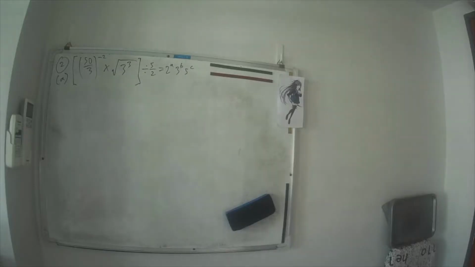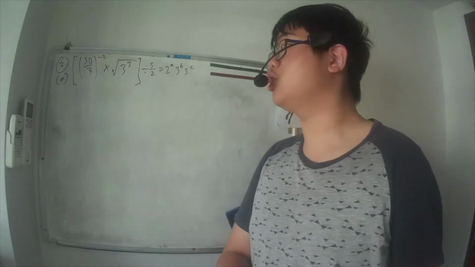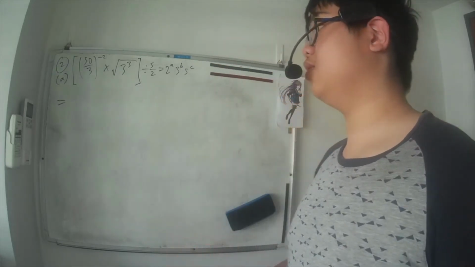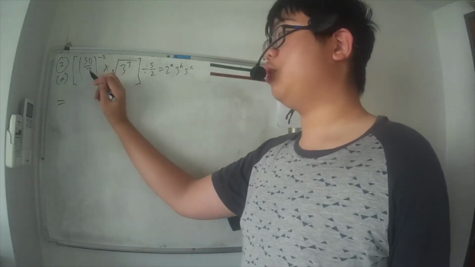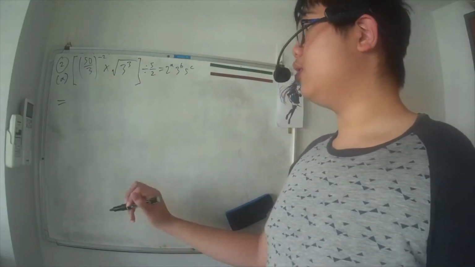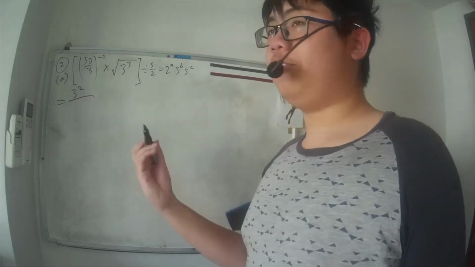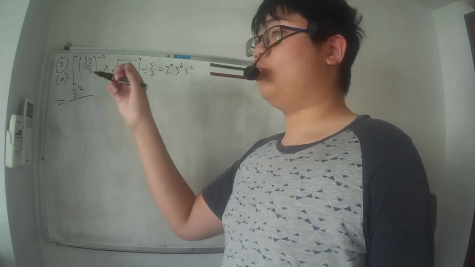Okay, so let's have a look. This is a basic indices question. So let's simplify stuff so that we can make things easier for ourselves. This is the same as 3 over 50 whole thing squared. So this is 3 squared over, and 50 is 25 times 2.